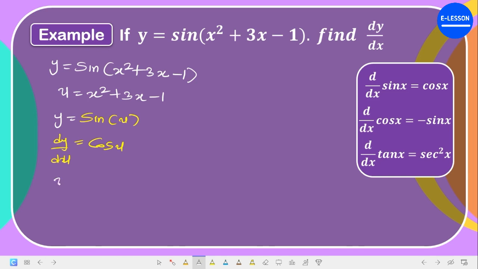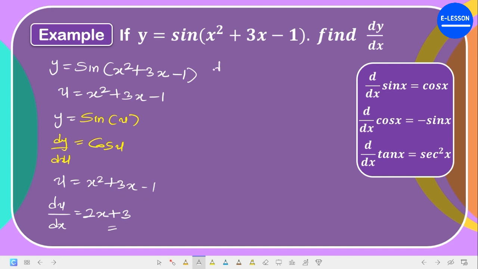Now in the same way, we said our u is x squared plus 3x minus 1. If you differentiate u with respect to x, that is du/dx, this will give us, if we differentiate x squared, it will give us 2x, plus differentiate 3x, this will give us 3, differentiate minus 1, it will give us 0. So x squared plus 3x minus 1 gave us 2x plus 3.